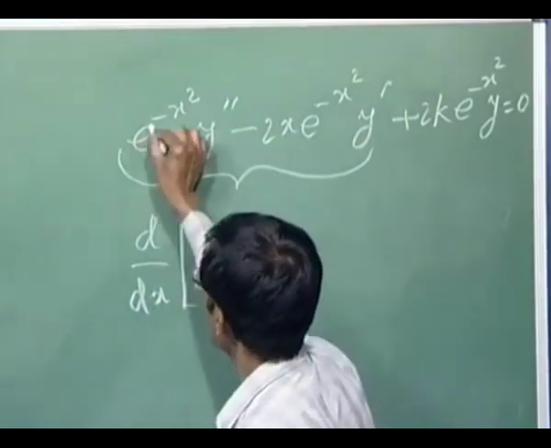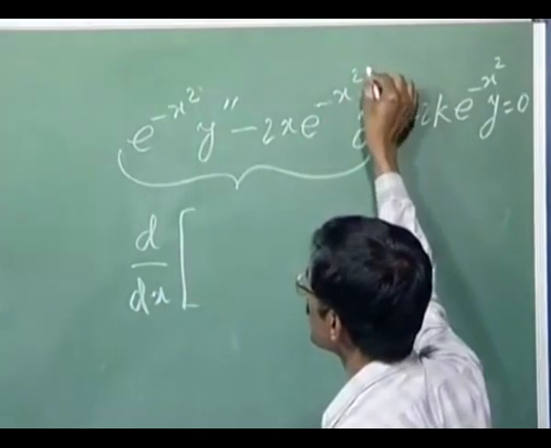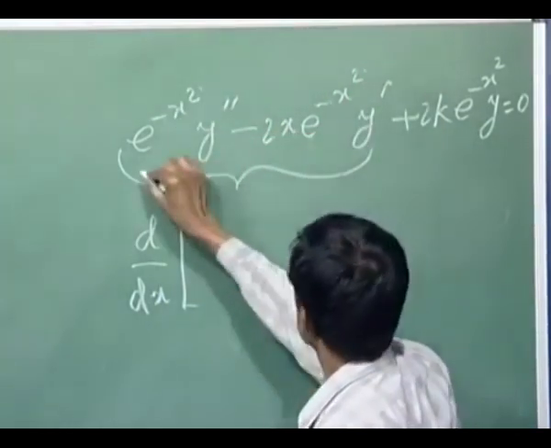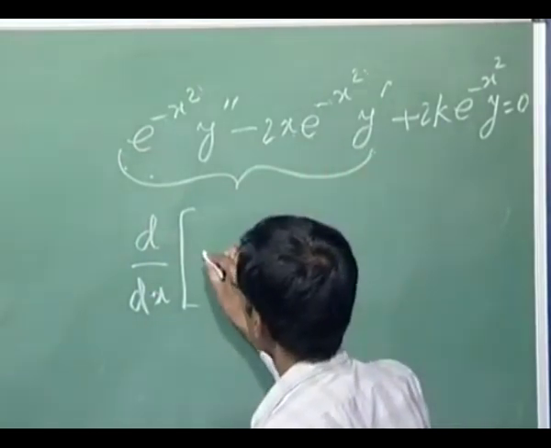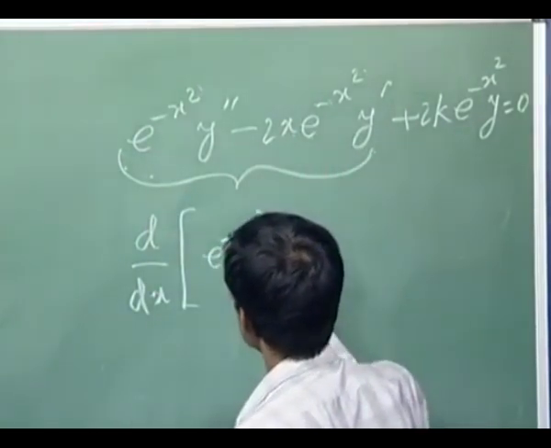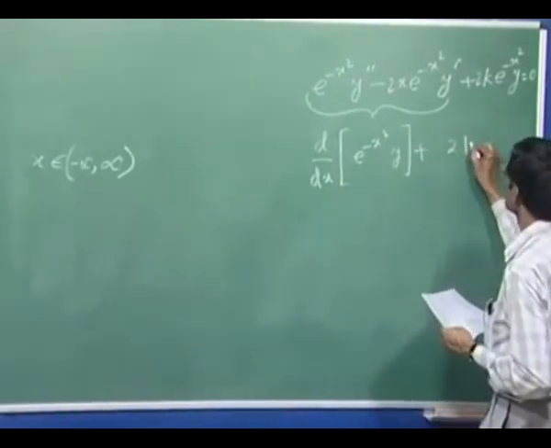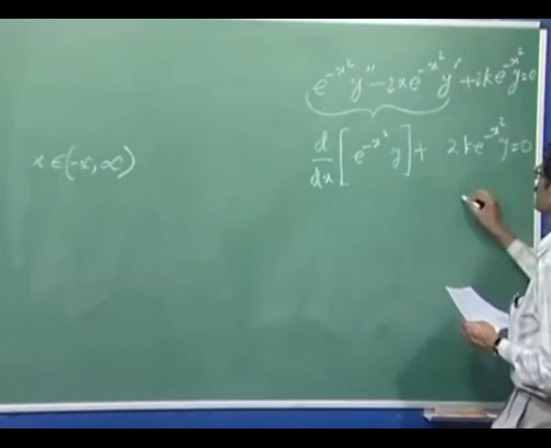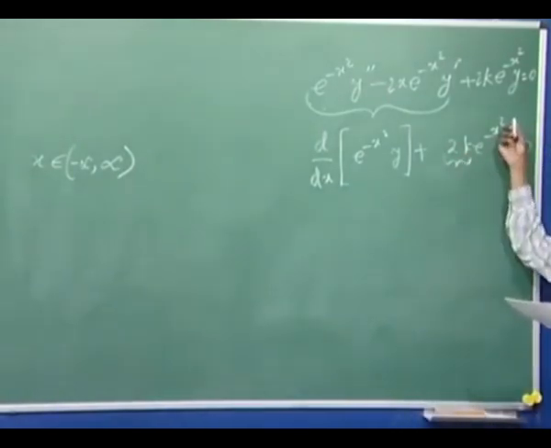The derivative of e to the power minus x square is e to the power minus x square into the derivative of the exponent, which is minus 2x, which is sitting here. So, this entire stuff from here to here will be the derivative of e to the power minus x square into y prime, plus here we have got this, and with this eigenvalue e to the power minus x square will be the weight function.